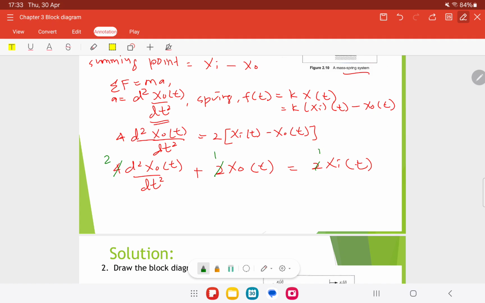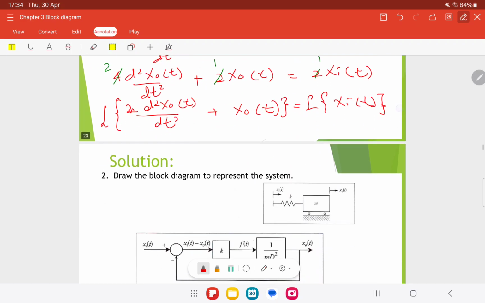We want to make the equation simpler, and now we can take the Laplace of both sides: 2 d square x naught(t) over dt square plus x naught(t), Laplace on this side, xi(t).